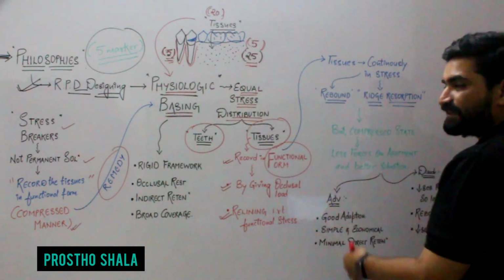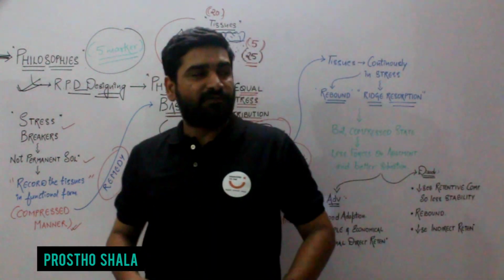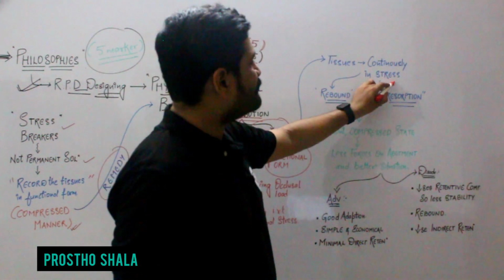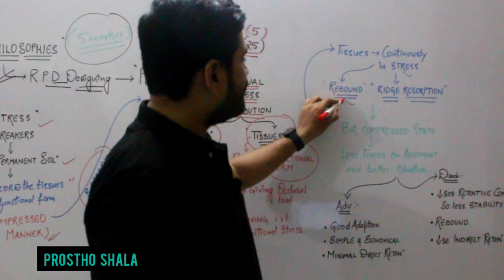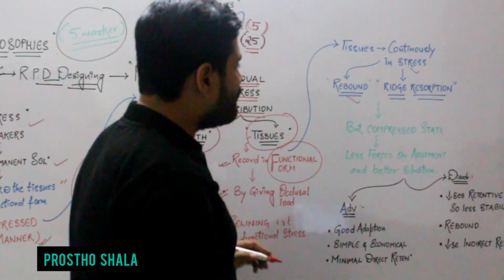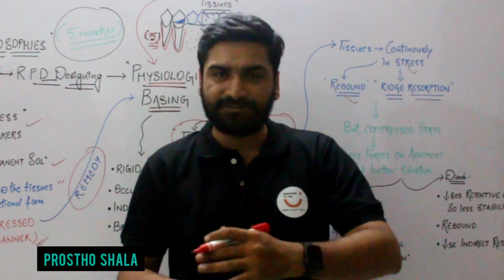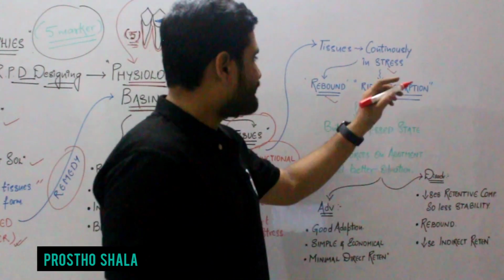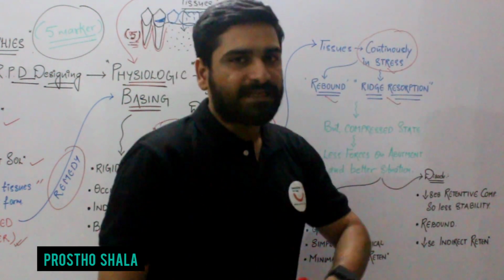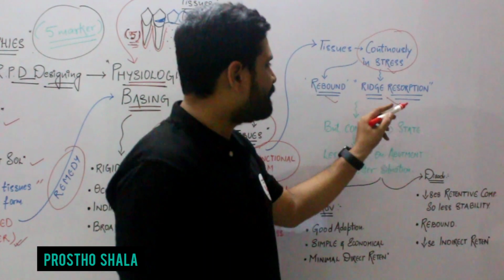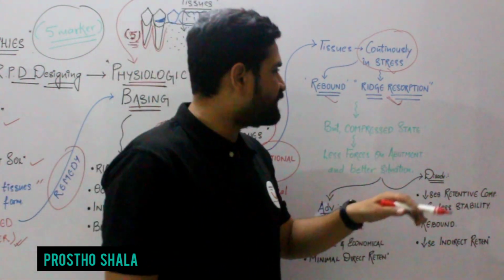But the disadvantage of recording the tissues in the functional form is that the tissues are continuously under stress, so they will tend to rebound because they are compressed. Any soft thing which is compressed will tend to rebound. Secondly, when they are under continuous stress, there is more ridge resorption, or tissue resorption.